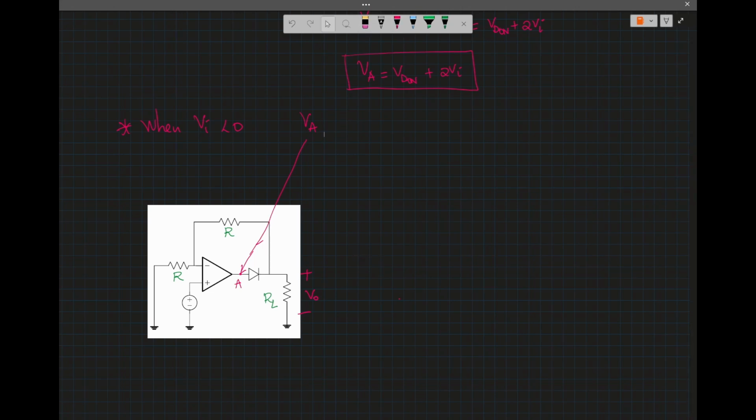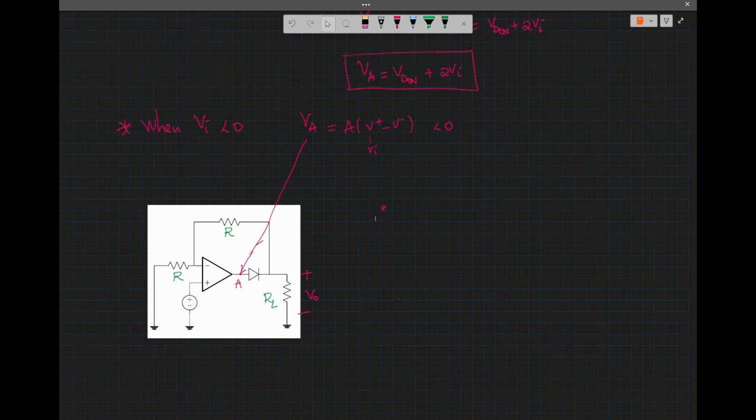Because right before it conducts, when VA is negative, we have A times V plus minus V minus, so the negative terminal. Because V plus, the voltage, is connected to Vi, so this will be negative. Okay, so when VA is negative, the diode will be off.